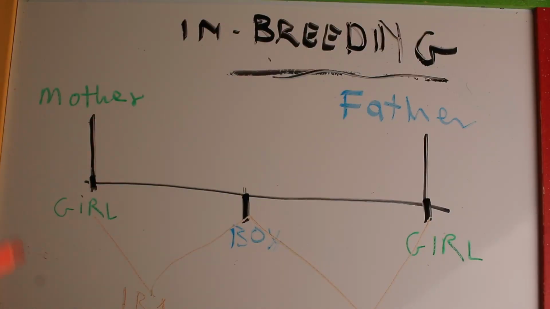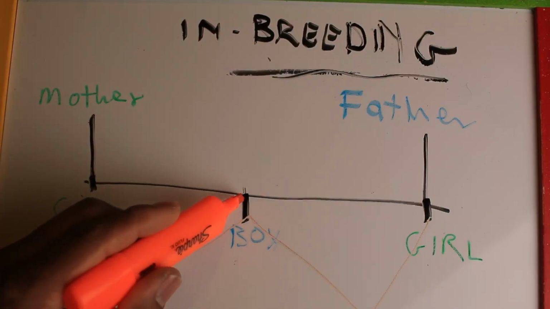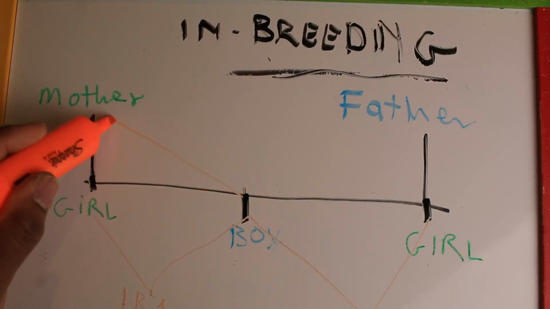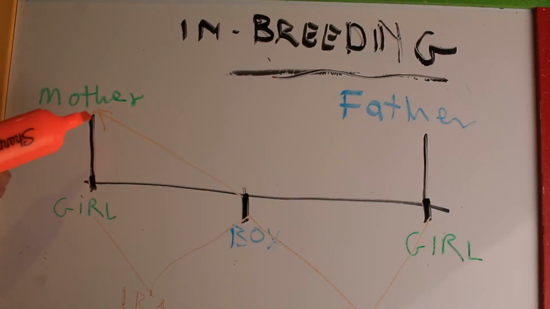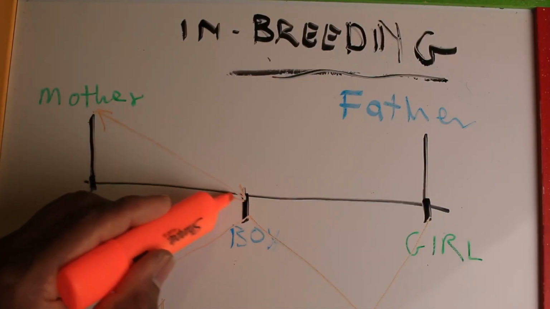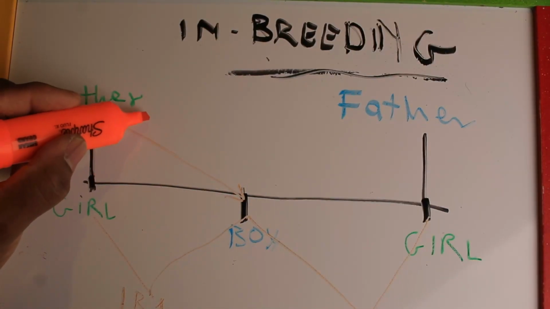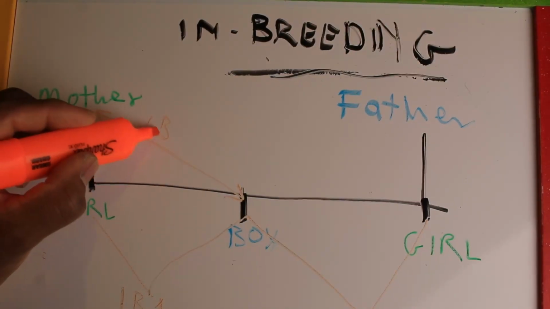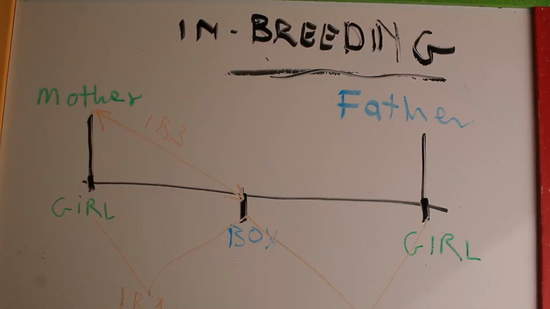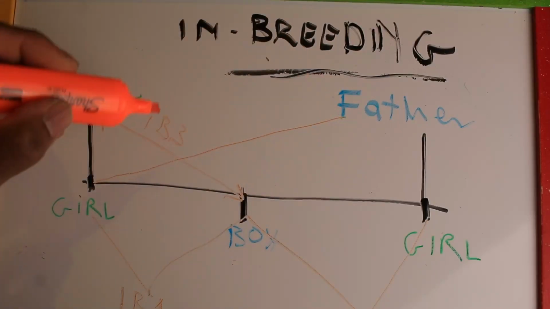Then you can further inbreed like this. You take the mother, you breed the mother to the son. This is also inbreeding. So let's call it IB3. And then you breed the daughter to the father.